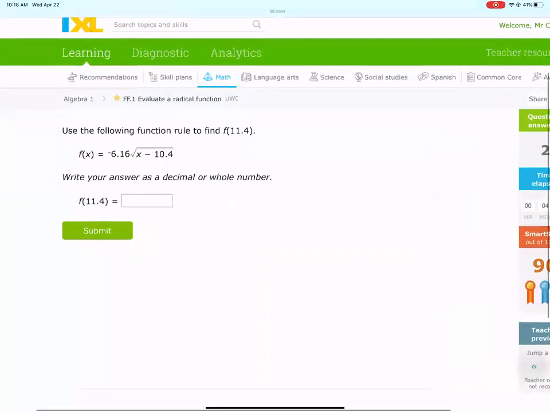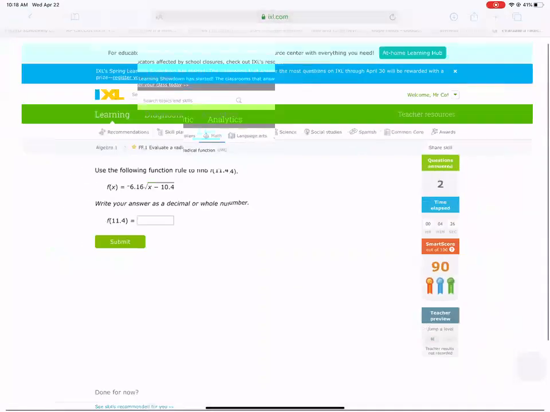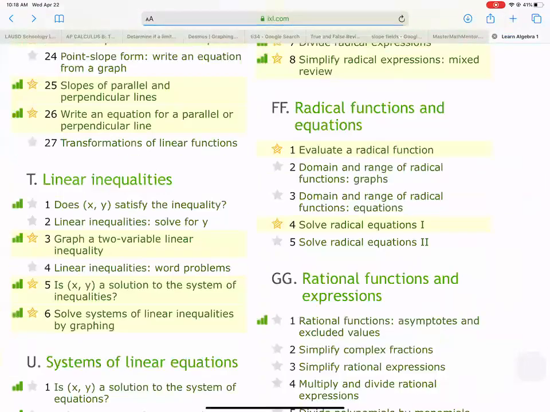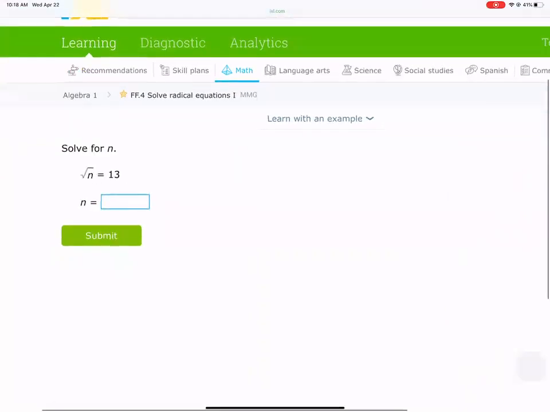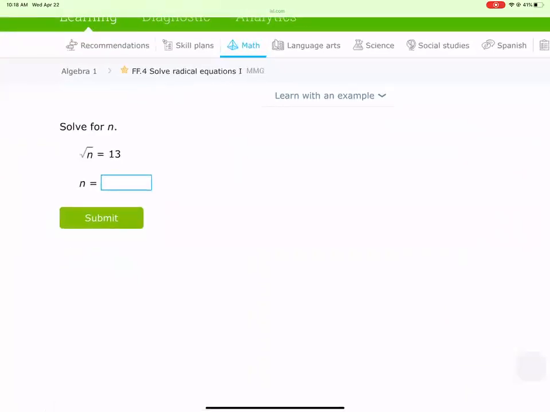Okay, our next IXL problems that we're going to take a look at are going to be solving radical equations. So we're going to spend a moment to talk about how we solve radical equations. Let's talk about how we solve any answer like we normally did before, on any function.